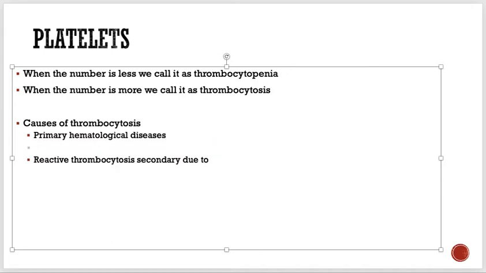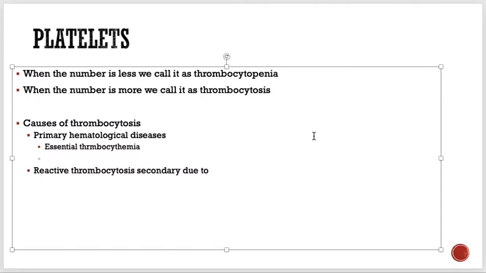Whenever it is due to a primary hematological disease, where the problem is in the blood itself, it is called essential thrombocythemia. Essential thrombocythemia means the platelets are increased, which could be due to some genetic disorders.